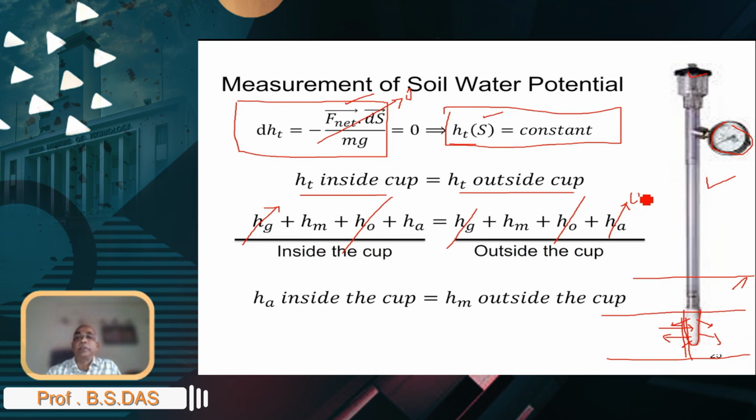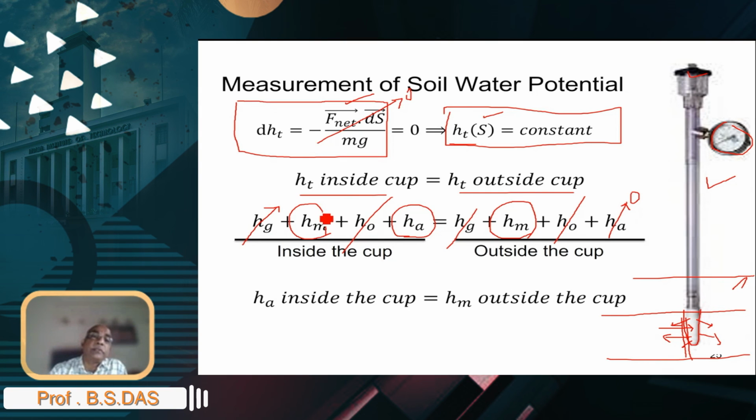Well, on the right hand side, you have left only this matric potential head. On the left hand side, you have both a matric potential head component and this pneumatic one, which measures the vacuum developed because of the water coming out of the cup, right?